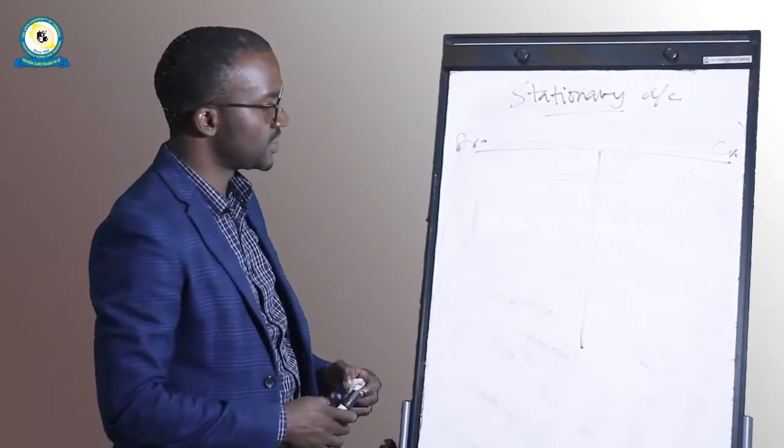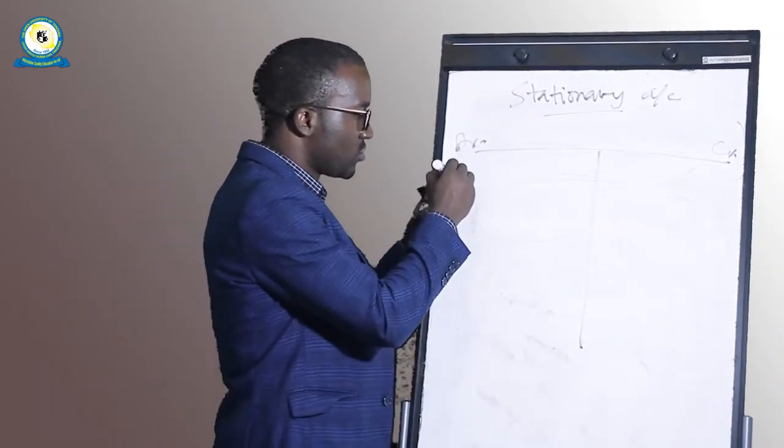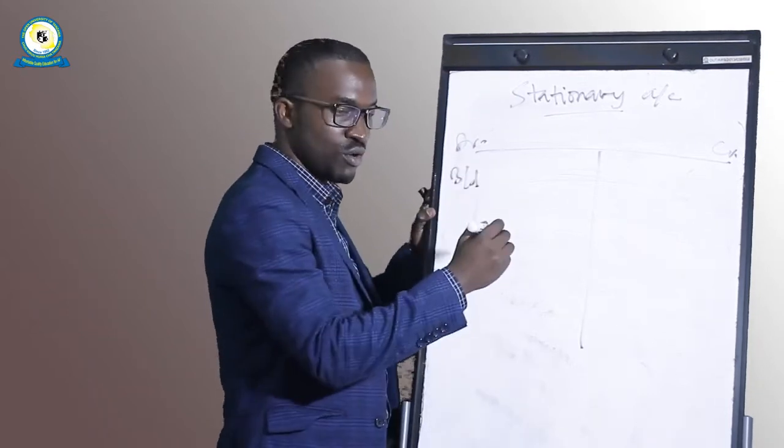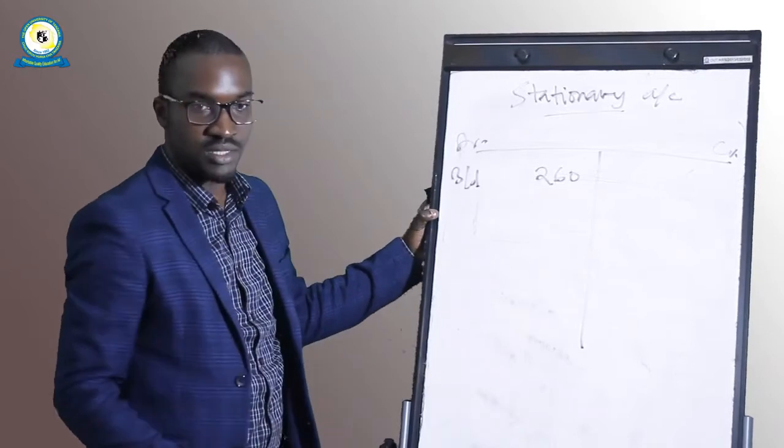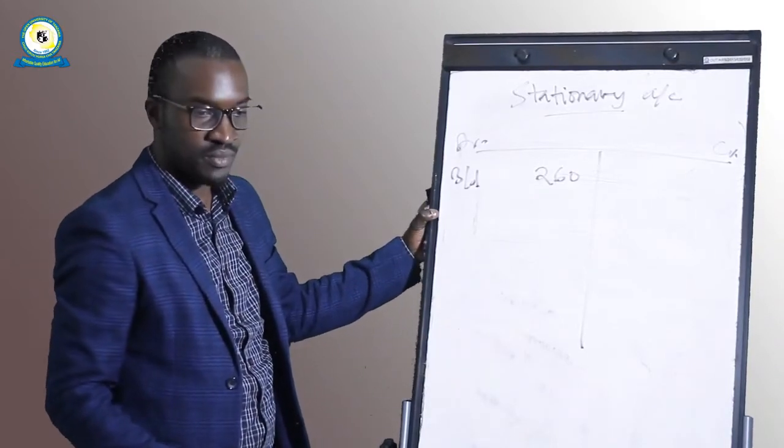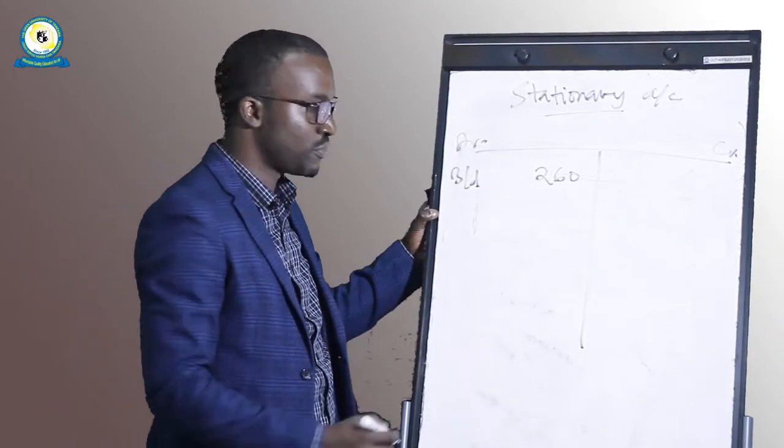I'm told that at the start of the year I had a stock, a balance brought down, of 260. But also the business paid for stock.